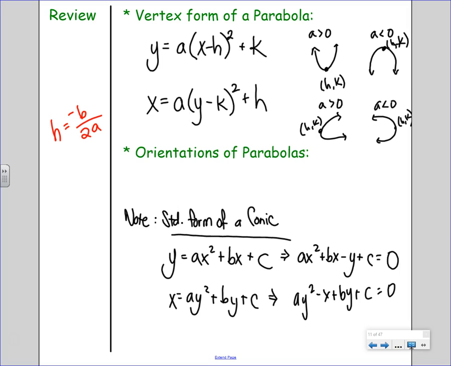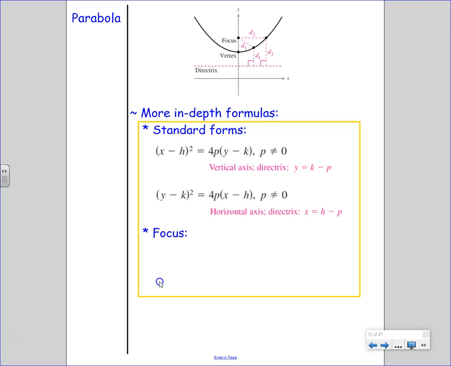If you see an equation in standard form with only one squared variable, you can automatically know that's going to be a parabola, because parabolas only have one variable to square, whether it's x squared or y squared. If both of them were squared, it could be an ellipse, a circle or a hyperbola, depending on the characteristics, as long as it's not degenerate.